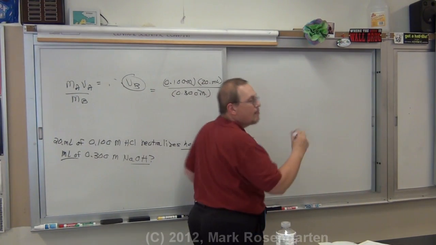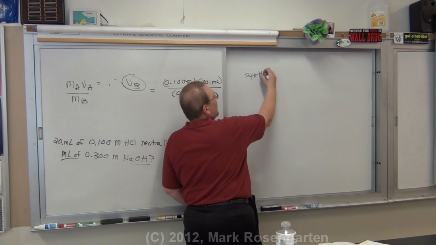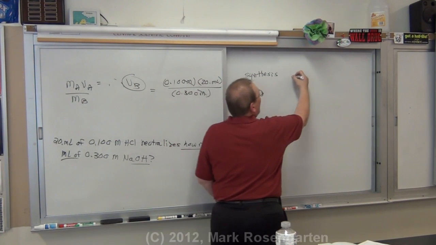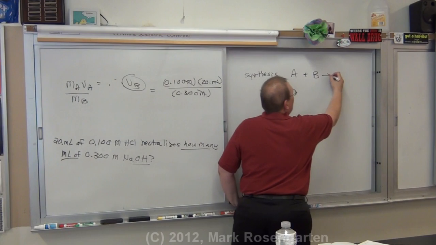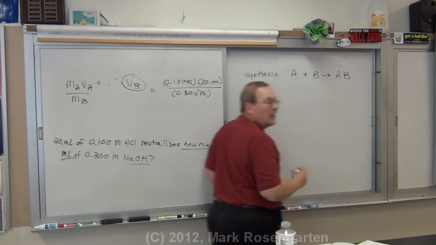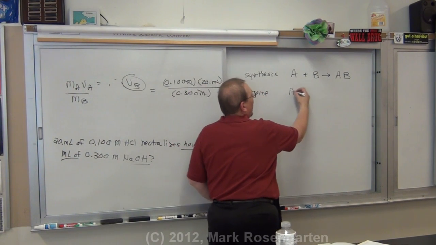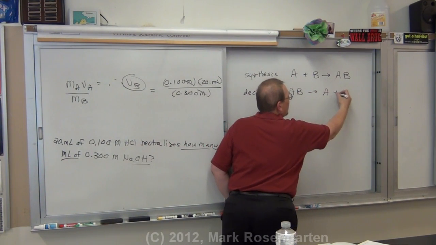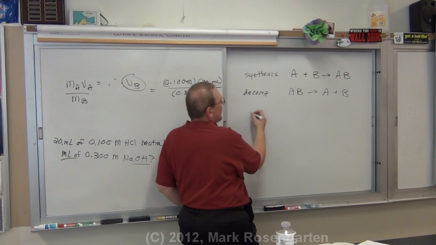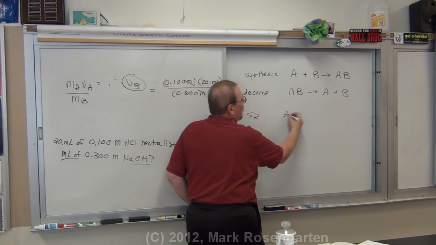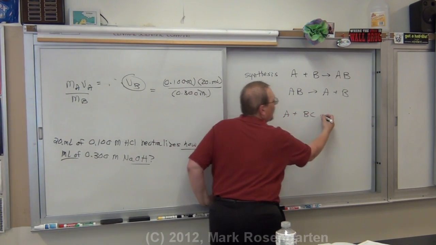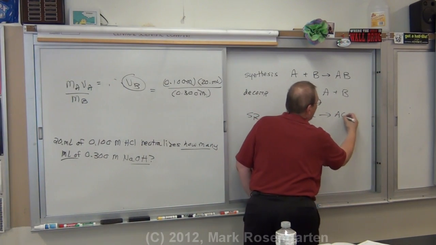First, synthesis, where 2 elements combine to form a compound. The opposite of that, decomposition, where a compound is broken up into its original elements. And single replacement, where an element replaces another that's already in a compound.